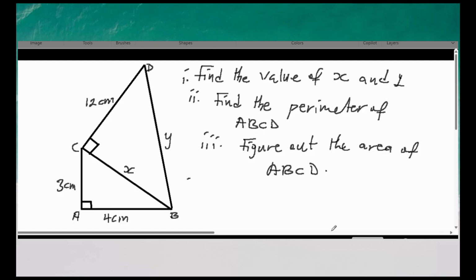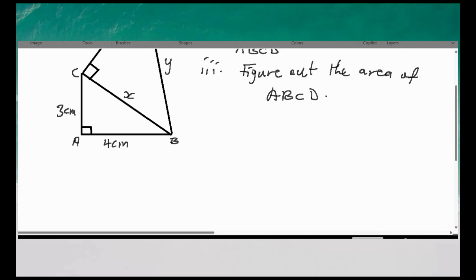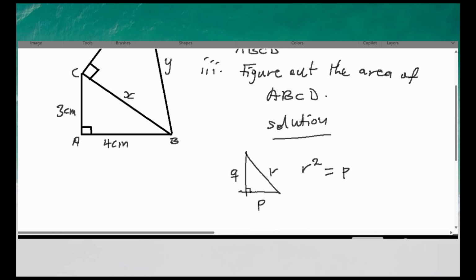And with that, I think that information is going to help us find the value of x, because if ABC is a right triangle, then to find the value of x we can apply the Pythagoras rule, which says that if you have a right triangle like this, with R here, P here and Q here, then the Pythagoras theorem says that R squared will be equal to P squared plus Q squared.